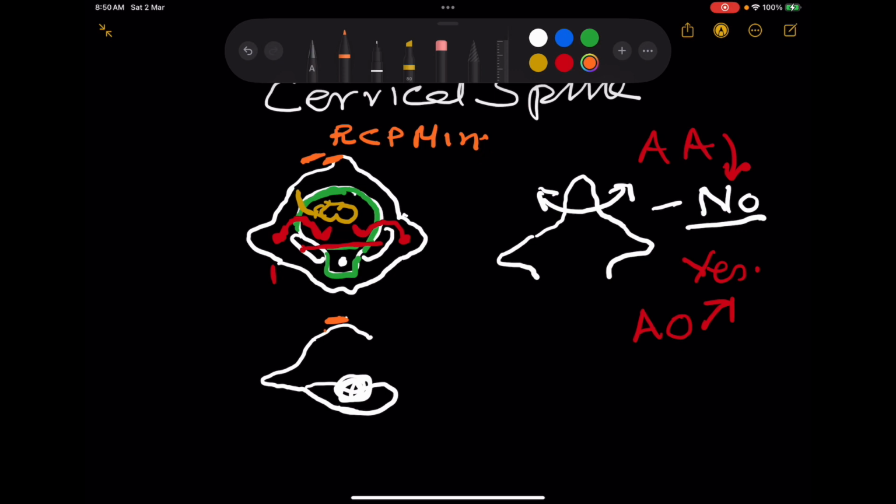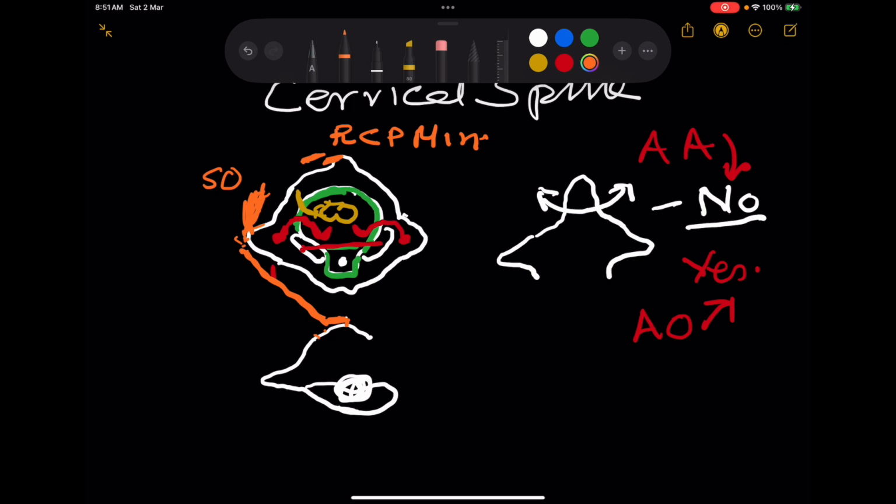Now from the transverse process of the atlas going to the spinous process of the axis, the second vertebra, is the inferior oblique, and from here going to the occiput is the superior oblique.